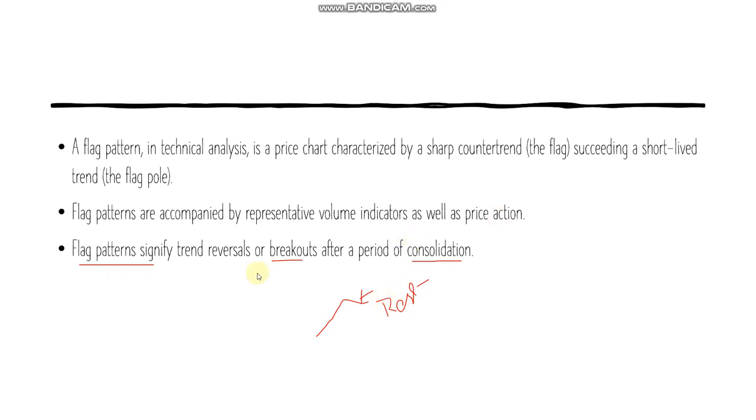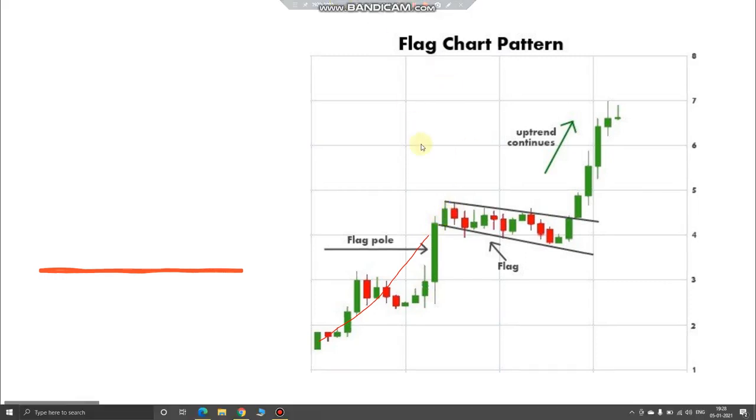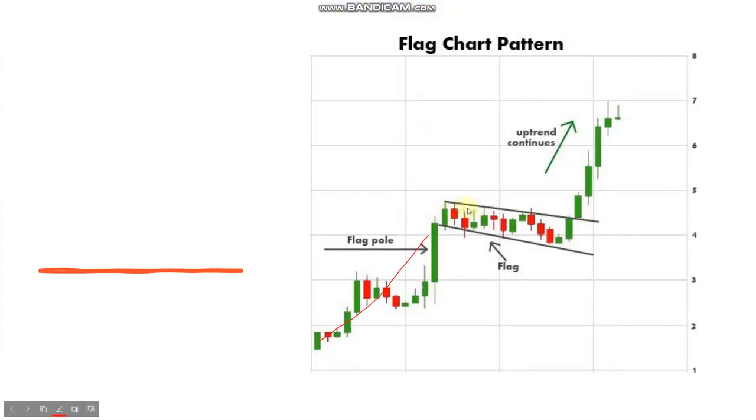Anyways, let's try to find out how a flag pattern looks like. So this is a flag chart pattern, and just imagine this part as a pole. Every flag pattern has an imaginary pole, and after that a period of consolidation. The market had good volatility in this portion, and after that it went into a consolidation phase, a bit towards the downside, but it was not going down, it was consolidating, and after that, boom, the market went up again.